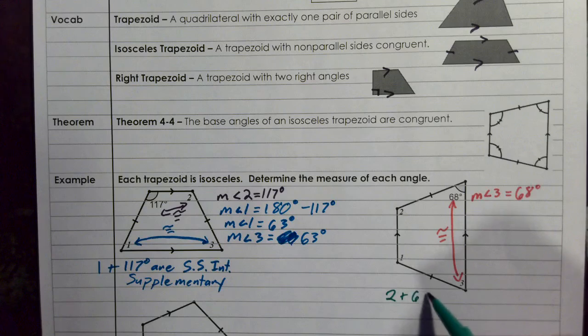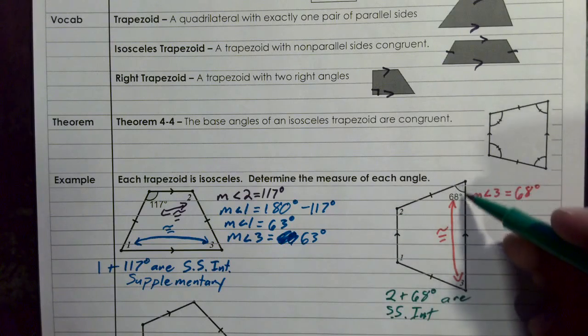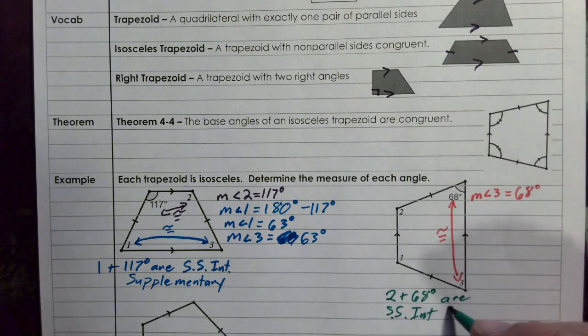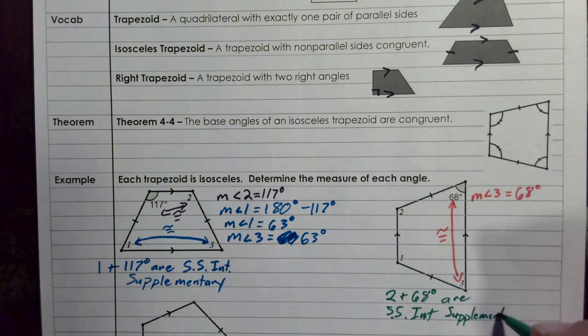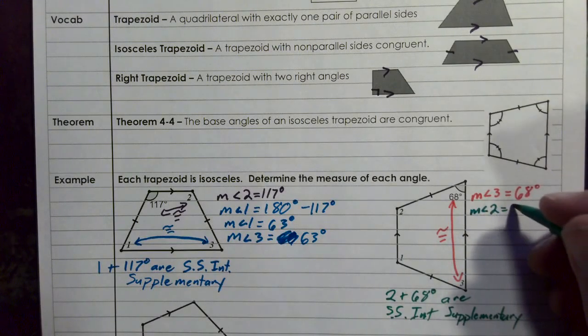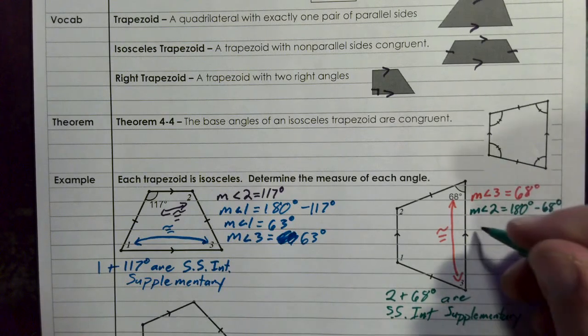Using the same logic we did over here, we can say that angle 2 and 68 are same side interior angles. They're in between this parallel line and this parallel line, and we've got that transversal, making them supplementary. So the measure of angle 2 has got to be 180 degrees minus 68 degrees.